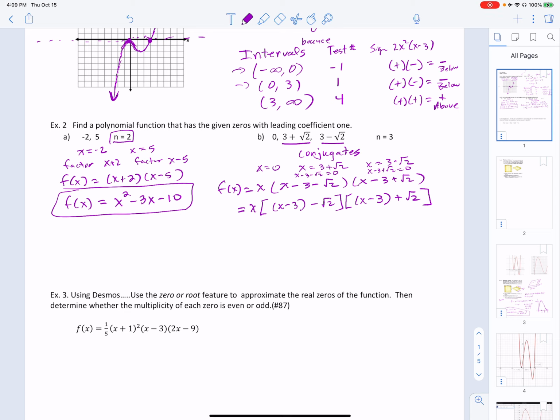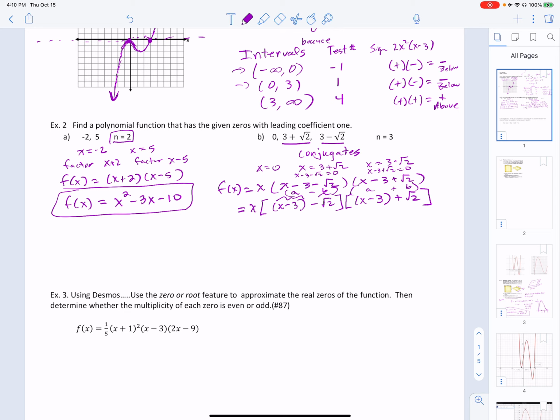And so then what you're thinking of is that this right here is A, and this right here is B, so this is an A minus B, and that this is an A, and then it's plus B. So A is x minus 3, and B is root 2.